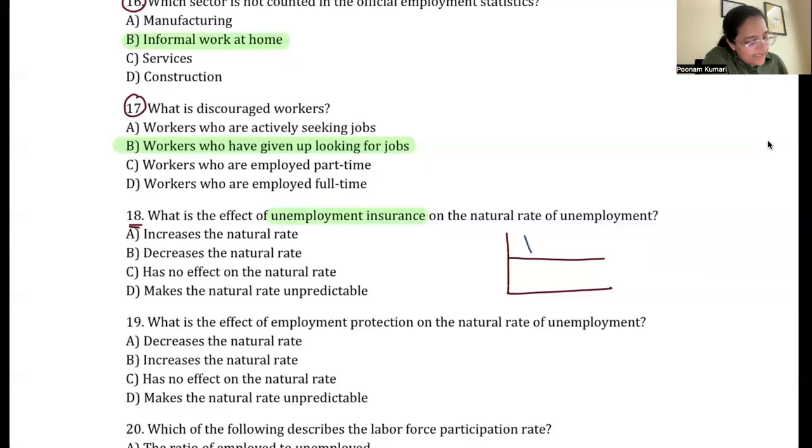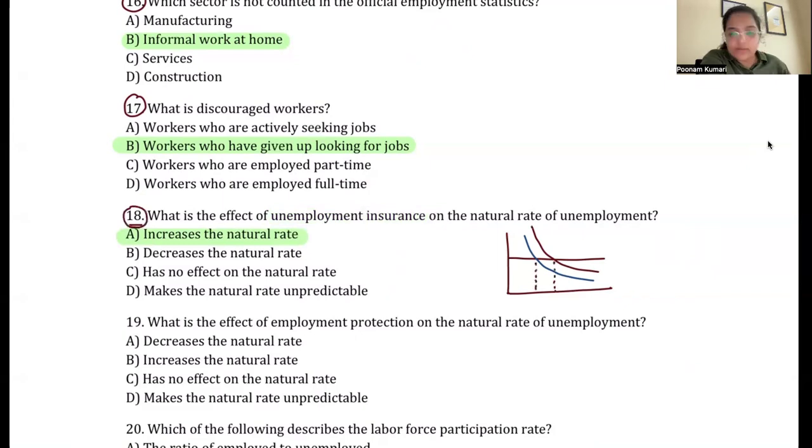In wage setting, before it was this, but after unemployment insurance comes in, what happens? Workers are in a better position, right? Right, ma'am. So this WS increases. Yes, ma'am. So what is the new result? Increase in the natural rate of unemployment. So it increases the natural rate of unemployment, right? Yes, ma'am. Okay. So this is question number 18.